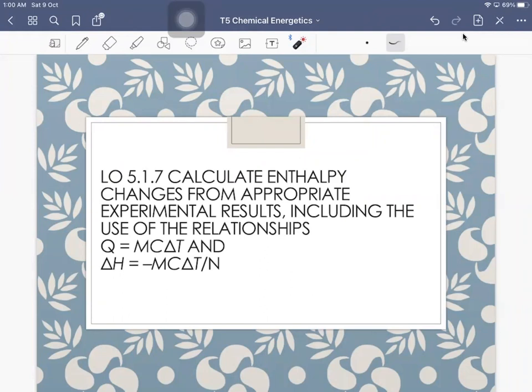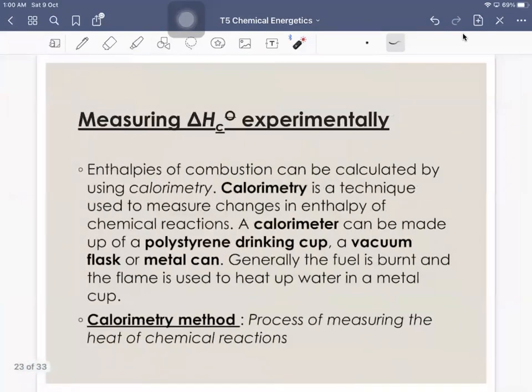Okay, so you have done the practical for enthalpy changes actually. The one that involves change in temperature, those are your experiments to determine the value of enthalpy change experimentally. Okay, right. So enthalpies of combustion can be calculated by using calorimetry.